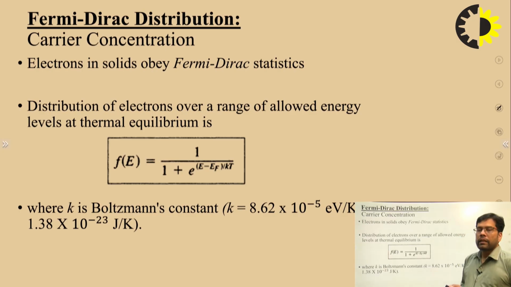It has a formula for the distribution of electrons over a range of allowed energy levels at thermal equilibrium.